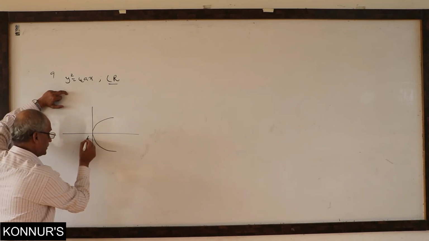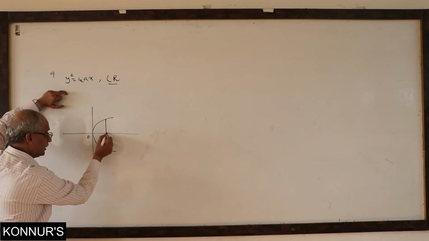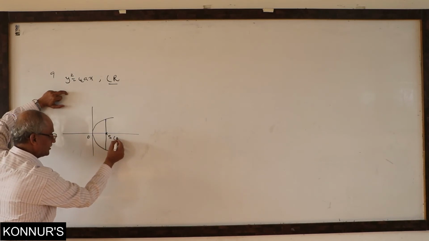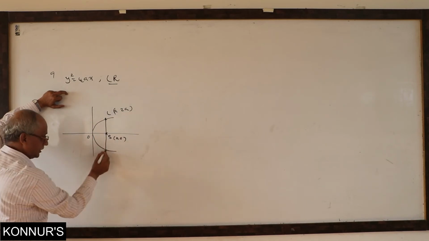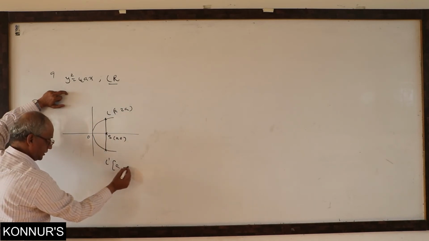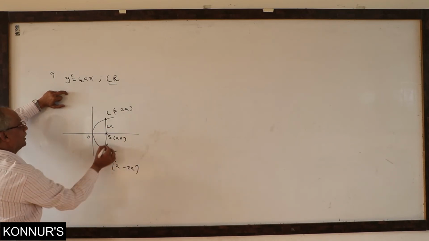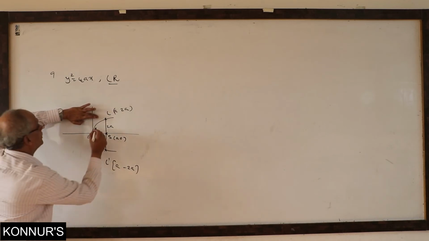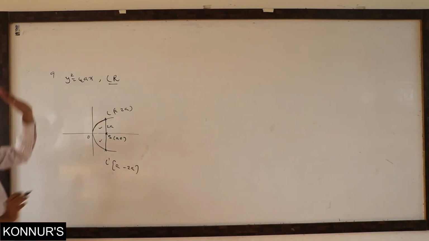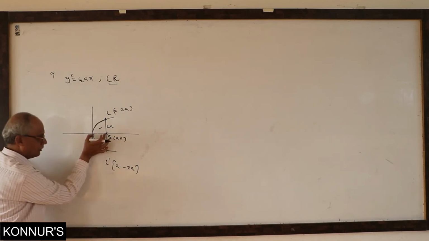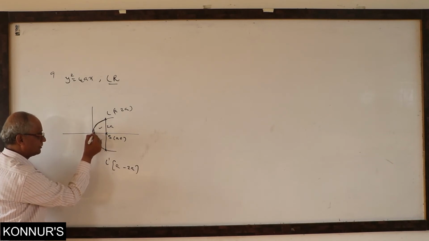The equation of the latus rectum means it passes through the focus, where the focus coordinate is (a, 0), and this coordinate is (a, 2a), the positive end of the latus rectum, and the negative end of the latus rectum. The total length is 4a, and this is 2a and this is 2a. And then what is the observation here? Symmetric in two coordinates. You find one coordinate's area, you do a function of x, easy to find because we have the limits of x.